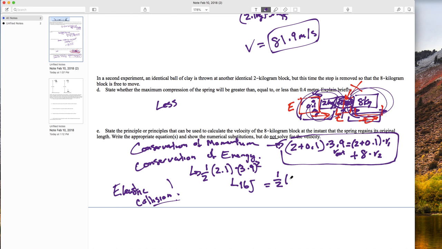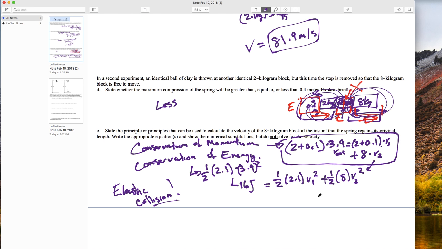So if we look at this, we see 1/2 times 2.1 times V1 squared, whatever the speed is here, and then that is going to be added to 1/2 times 8 times V2 squared, whatever the speed is here.